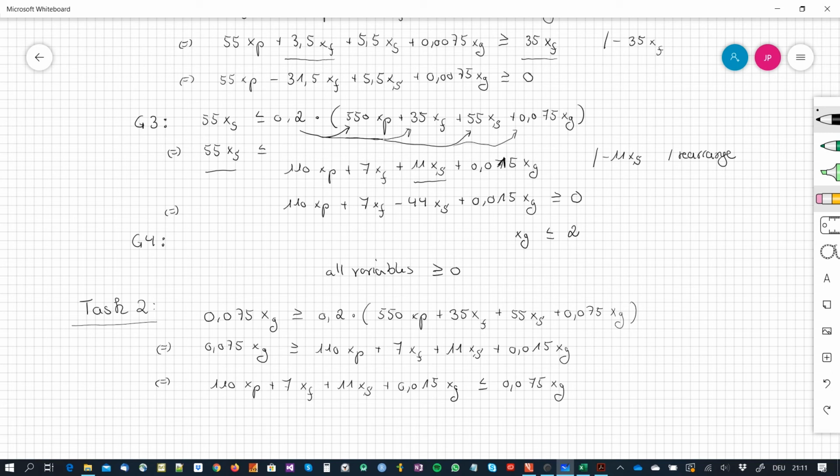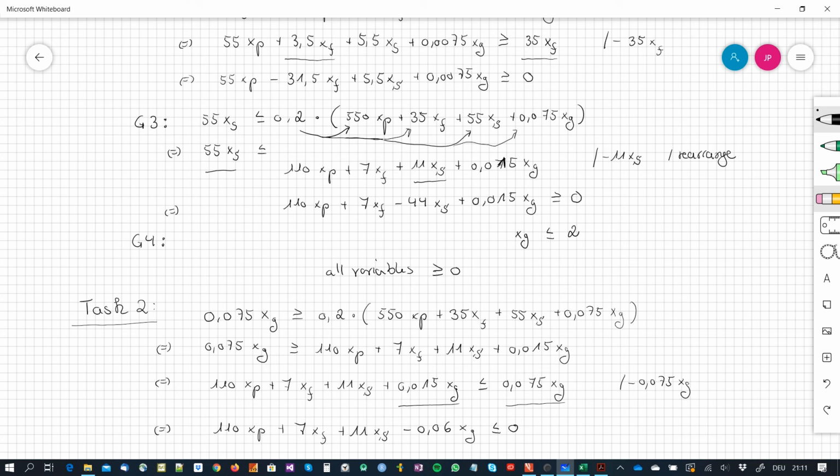And now we have xg twice on both sides, so I'm going to subtract from both sides. So I'm subtracting it from both sides, and then the constraint becomes the following. Minus 0.06 xg, smaller or equal to 0.